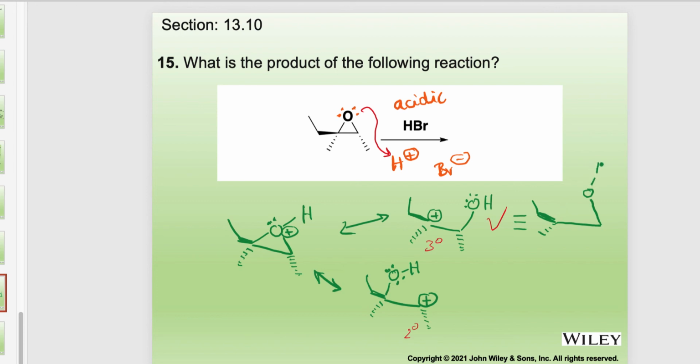Remember, this is protonated. And I'm going to draw this as a dashed line here. Okay, so there is now positive character on the oxygen. But in order to understand how the reaction finally proceeds, it's this delta positive here that's most pronounced, and therefore the bromine will attack in that position.